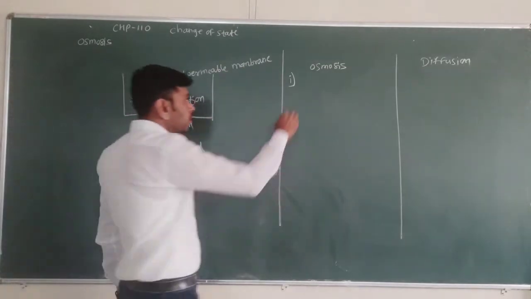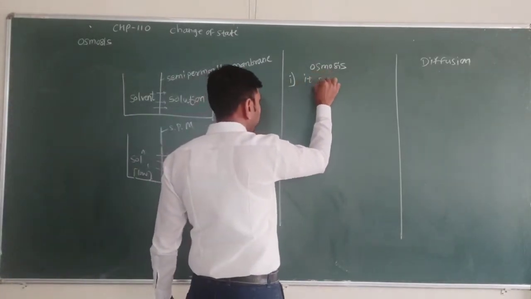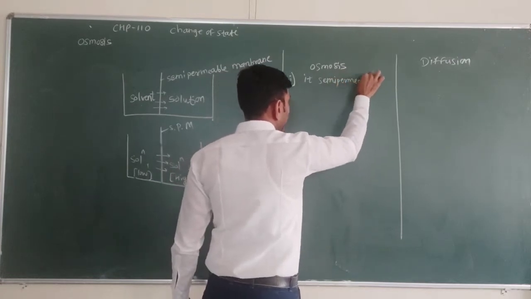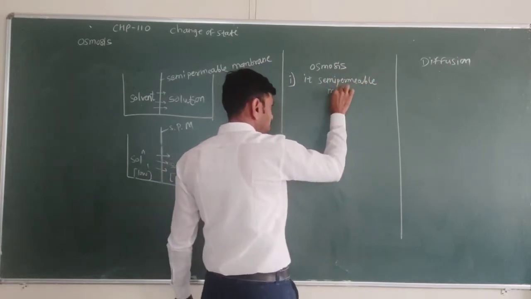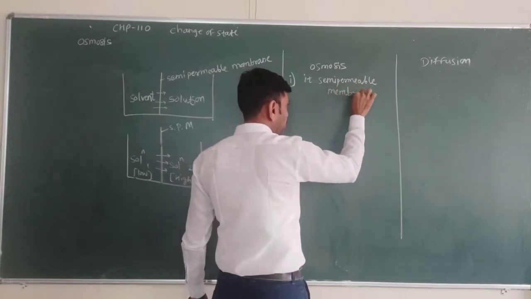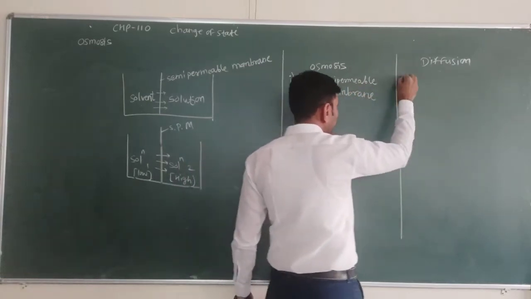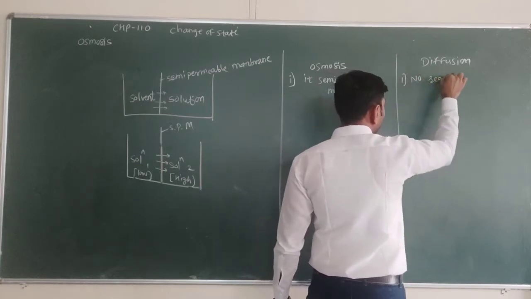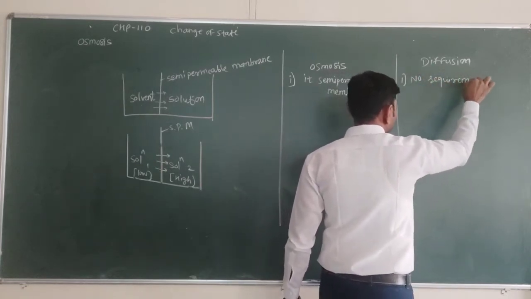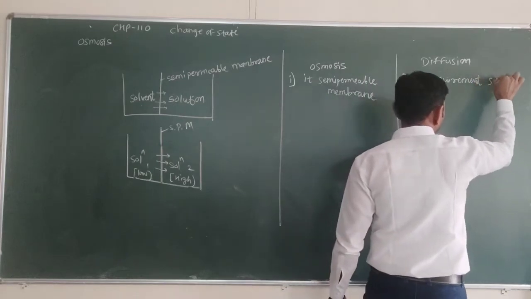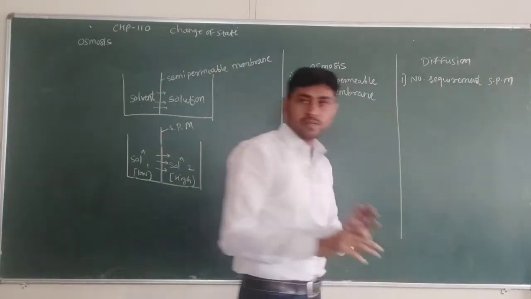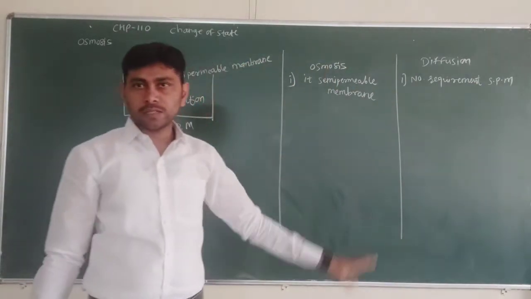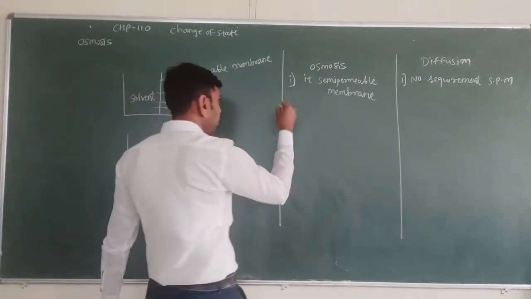So it requires a semi-permeable membrane. In diffusion there is no requirement of a semi-permeable membrane. So the first difference between diffusion and osmosis is that osmosis requires a semi-permeable membrane, while there is no such requirement in diffusion.